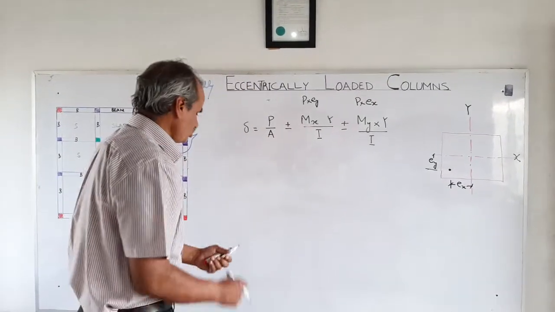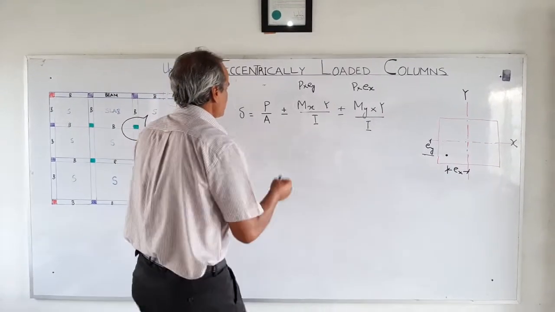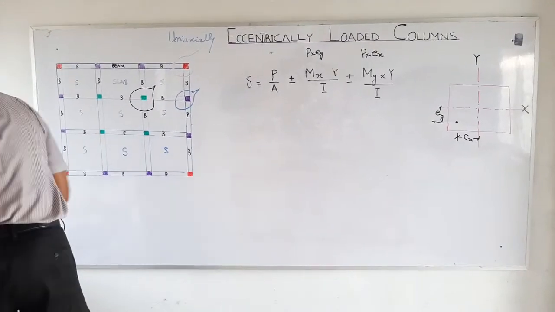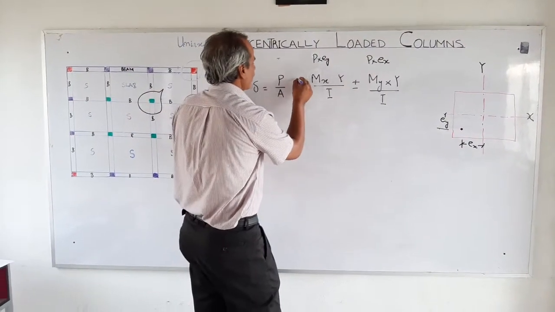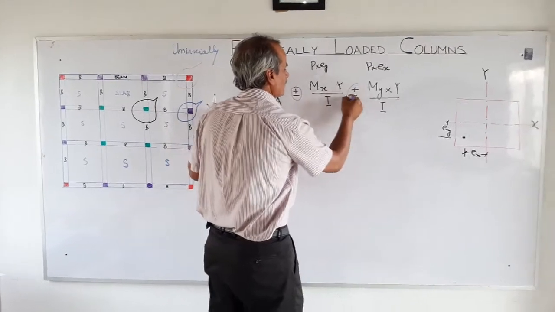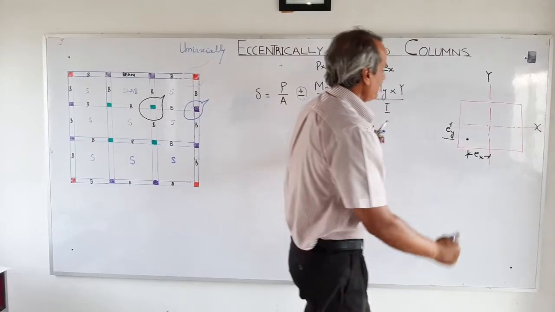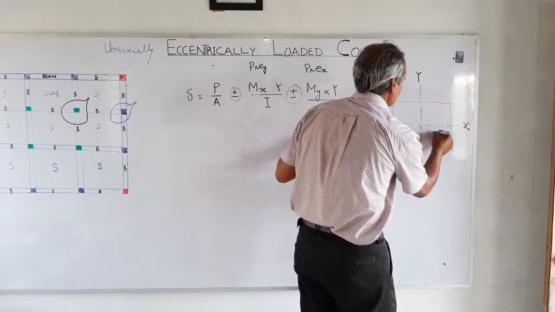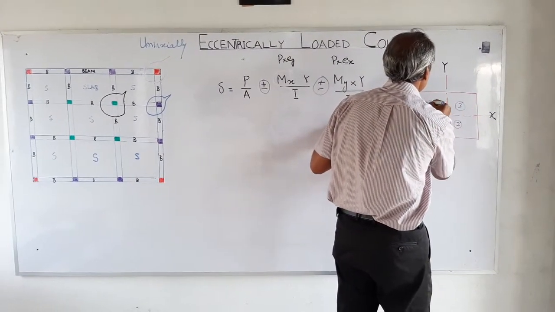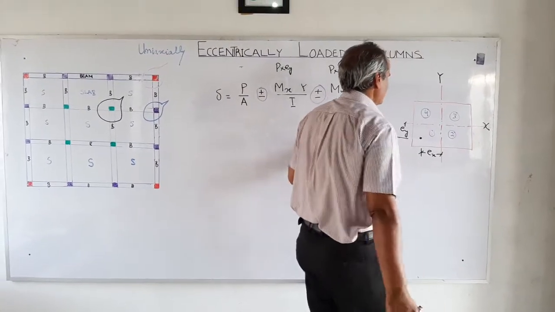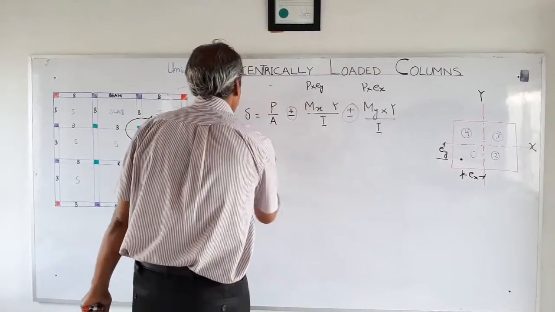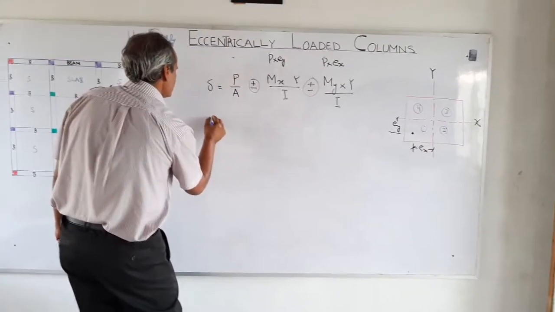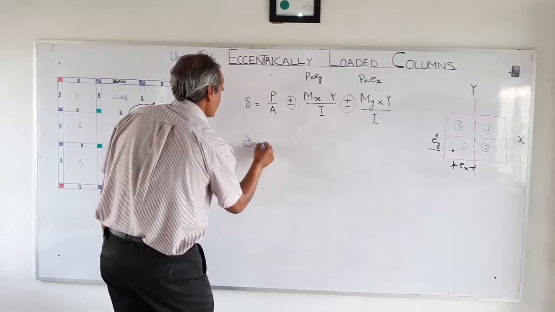Now, how to choose these signs is extremely important. Say, we take all the quadrants one by one. Say if this is quadrant 1, this is quadrant 2, this is 3, this is 4. And let's take the first quadrant as sigma subscript 1.